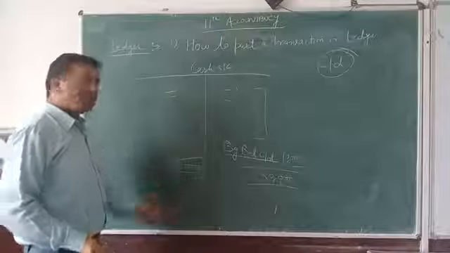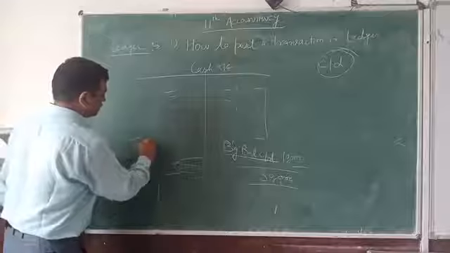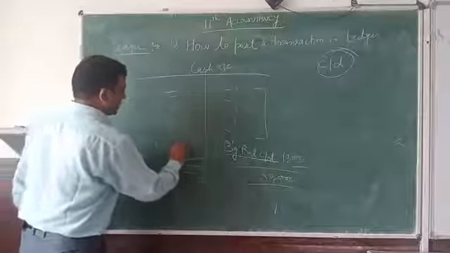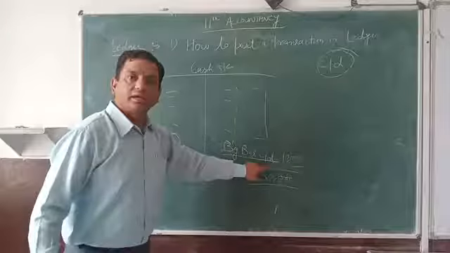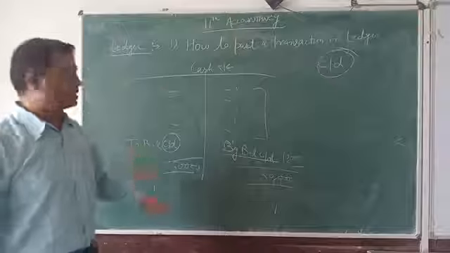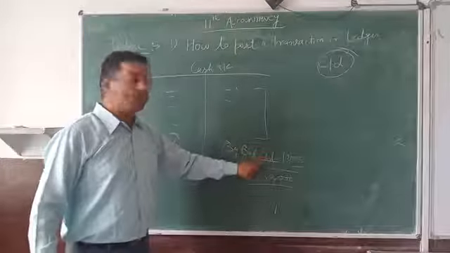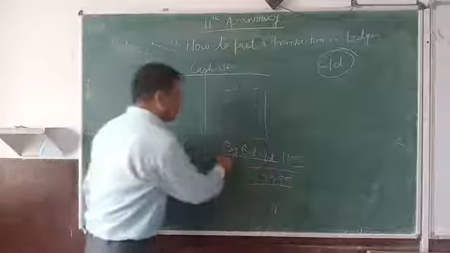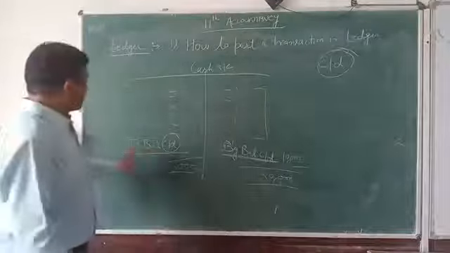But if any account has this side greater, then you have to put the closing balance as to balance carried down. This is to side carried down. This is by side carried down. This is the closing of the ledgers. How to close the ledger? You have to see both sides, and the smaller side will get the balancing figure by using the words by balance carried down or to balance carried down respectively.